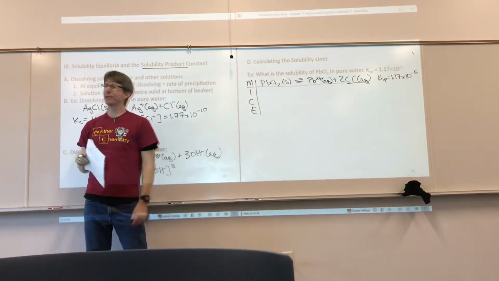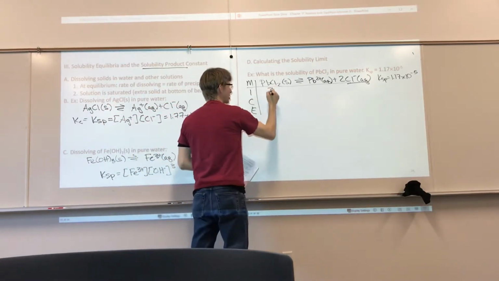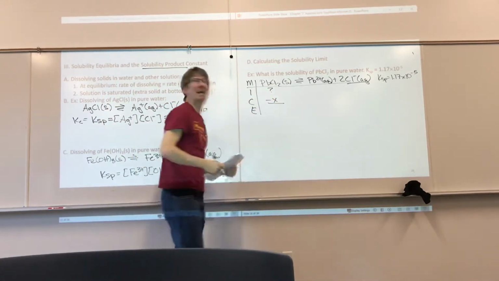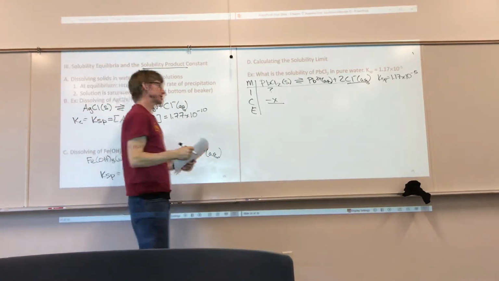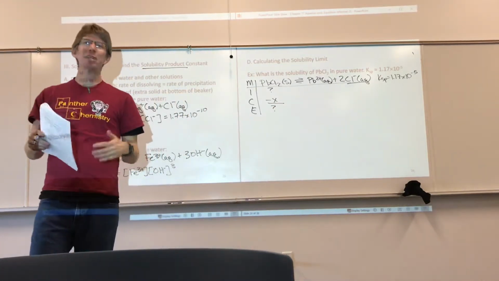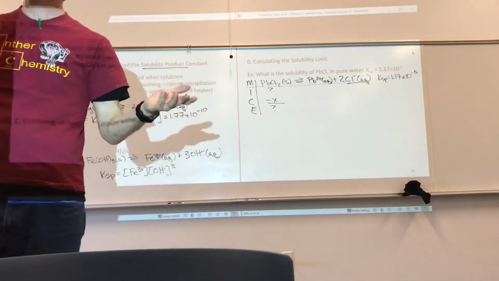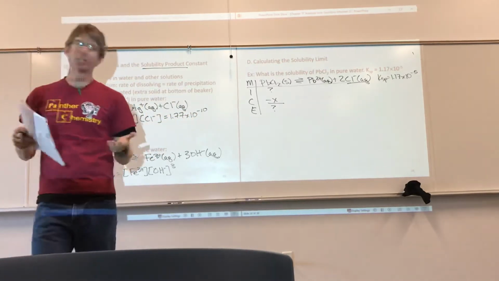What's a tiny bit different about this one is that underneath the solid, I am going to write a question mark and minus x for the change. The question mark is because, it's not a philosophy class, but if it were, we might ask what is the meaning of the concentration of a solid?